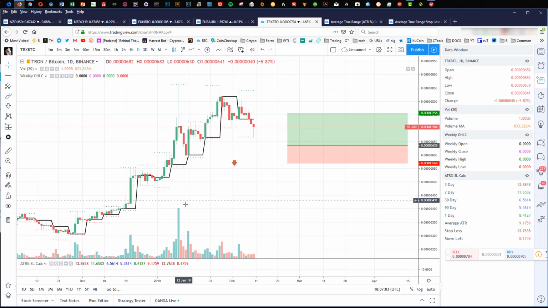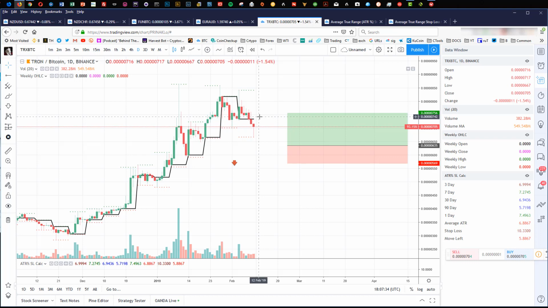So for instance, if the market has said that the average true range, averaged over the last 90 days, is 6 to 7%, and it moves 12% to the downside, something has changed in that asset. That's why when you're using these numbers, you're really talking about probabilities.